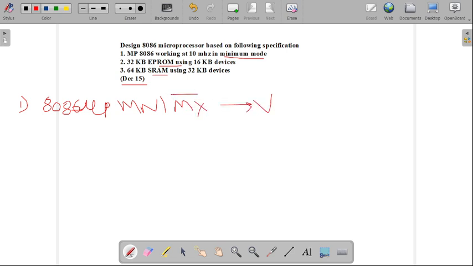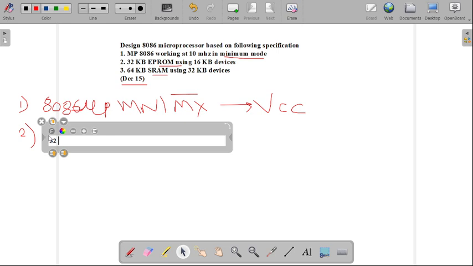Now the second point is 32 KB of EPROM using 16 KB devices. So I'm writing here 32 KB of EPROM using 16 KB devices.